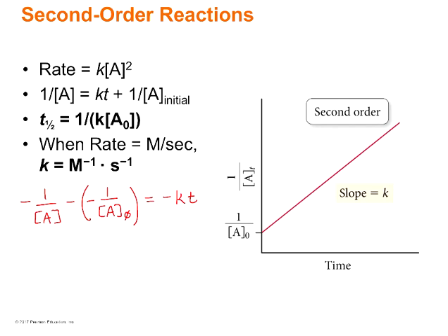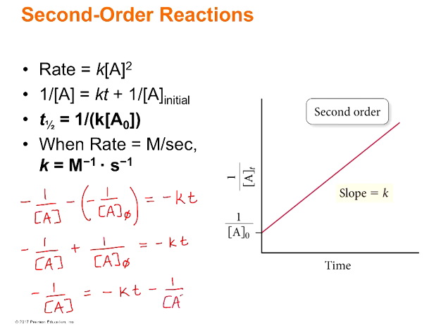So let's simplify this a little bit. So we've got negative 1 over the concentration of A plus 1 over the concentration of A initial. And then I'm going to move the initial concentration over to the right. So we have negative 1 over the concentration of A is equal to negative KT minus 1 over the concentration of A initial.